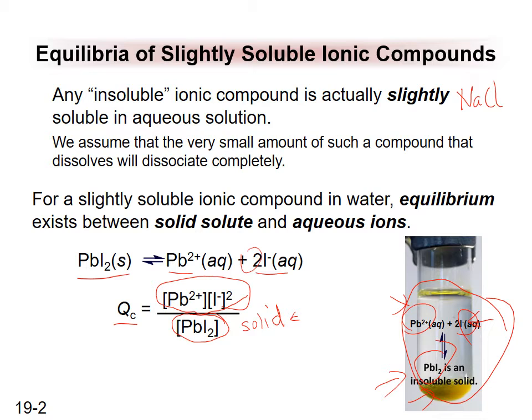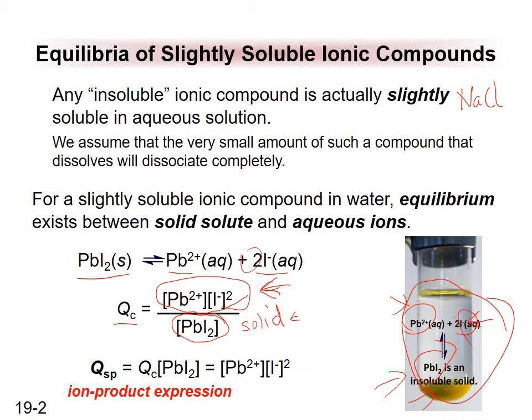So we can introduce a new expression similar to the reaction quotient, but only involving these two ions, and that is called the ion product. It's the product of these two ions. The difference is the ion product ignores the solid reactant and only involves the product ions.